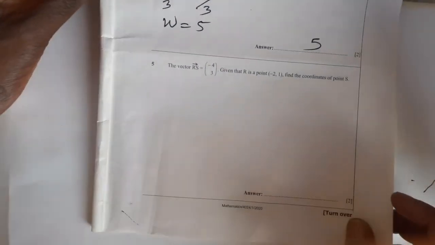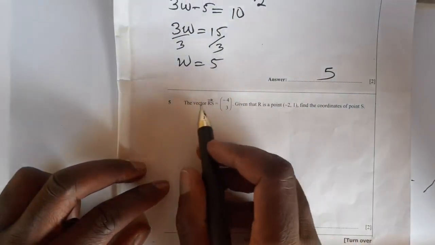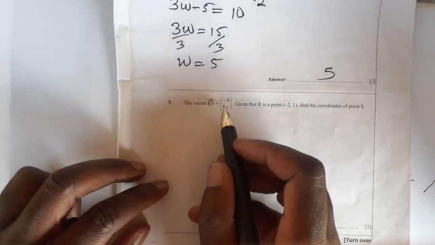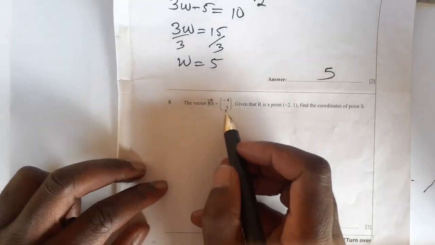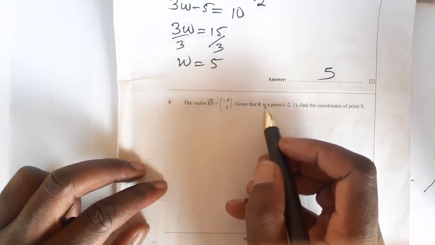Then we go to question 5. We are told that the vector RS is given by (-4, 3).